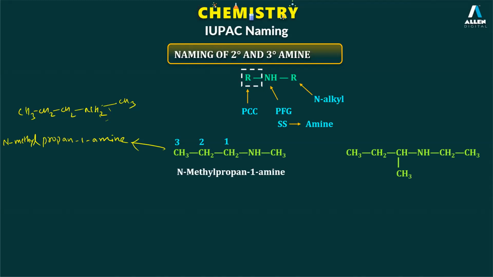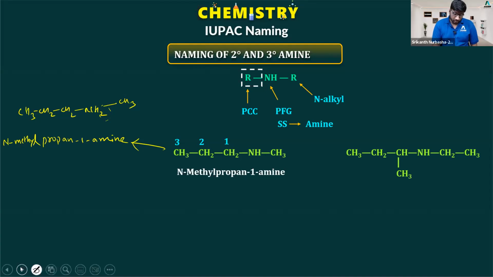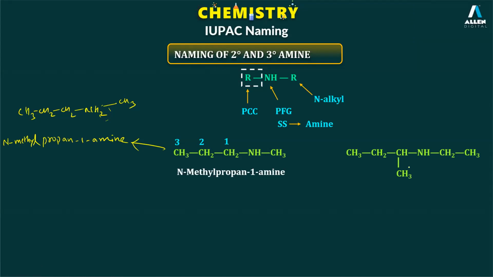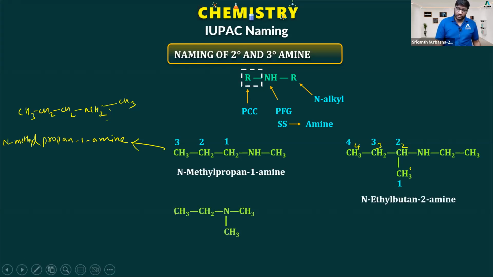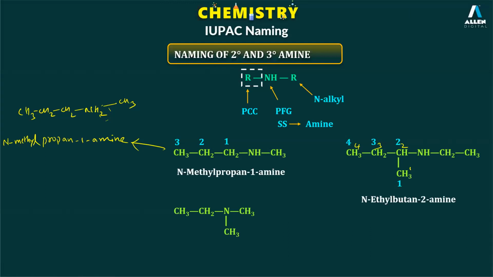N-ethyl butan-2-amine. Like this is a carbon chain 1, 2, 3, 4. On the second position you have NHC2H5. So N-ethyl butan-2-amine, right? This compound, try to name this: N,N-dimethyl ethanamine.